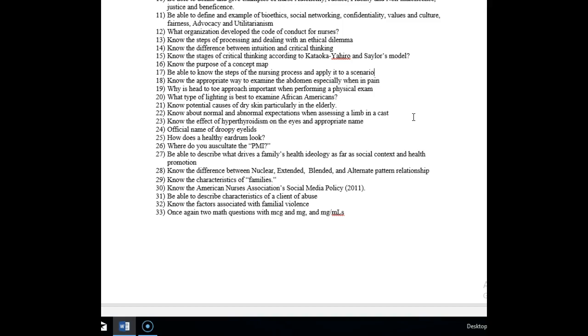We already know about the steps of the nursing process, and basically what I need you to be able to do, when you're going through the nursing process, is know the order of it, and know what step you would implement when you see a certain situation.